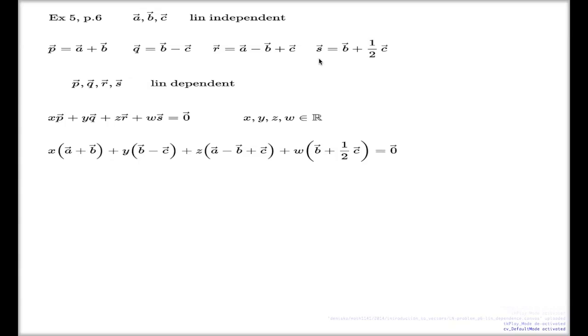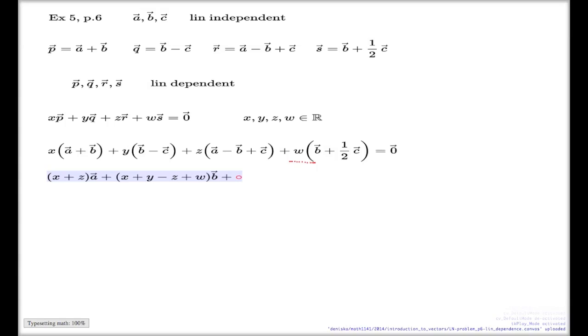It's again quite a natural step. Let's see what I have. A comes with the coefficient x from here and z from here, and that's all the presence of A. Next comes B. B comes with the coefficient x in here, y in here, and negative z from here. Actually, sorry, B also comes with the coefficient w. That's the fourth term in the bracket next to the vector B.